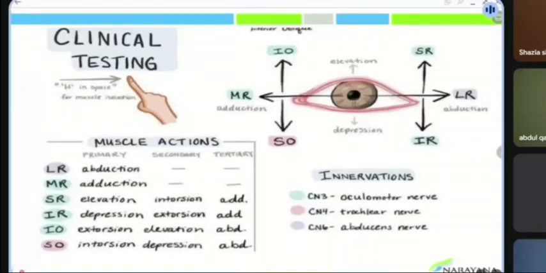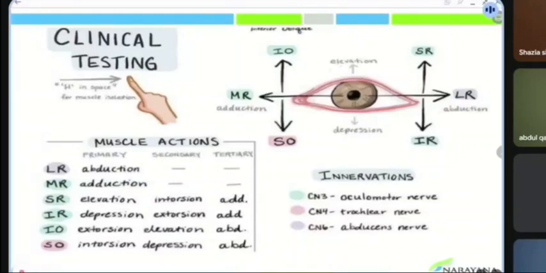As you already saw, we used to move the finger, keep a light, or give a target from here and move the target, so that the eye will also move along with the target. If you are moving outward, it gives rise to the lateral rectus, whether it is underacting or overacting. If you move inward, then it tells you whether the medial rectus is overacting or underacting. This is how it happens in all the other six muscles.